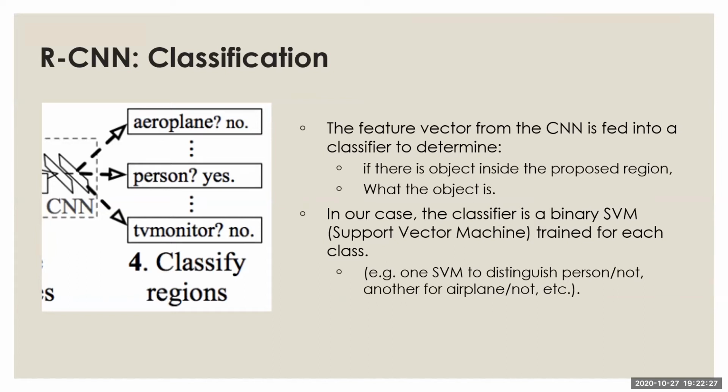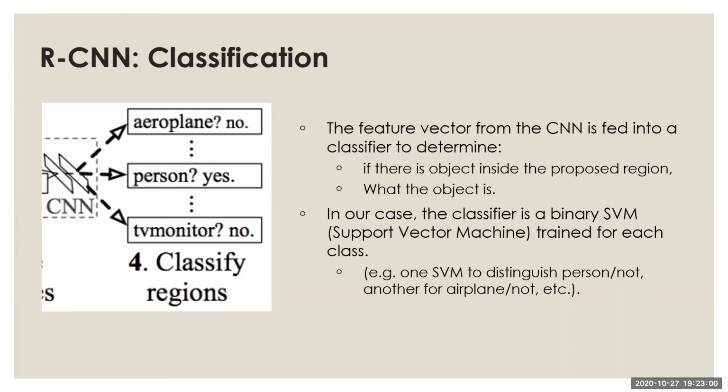Maybe some of you might know it. For this particular case, we can see that the feature vector is fed into the SVM. And actually we have a lot of SVMs, one SVM for each class. For example, we have an aeroplane class, person class, and TV monitor class. This means there's an SVM just for classifying whether the image is an aeroplane or not, and then another SVM to classify whether that's a person or not, and so on. So we're going to have a lot of SVMs.